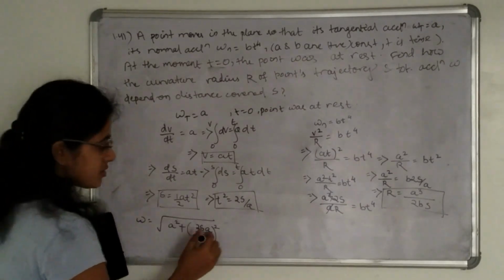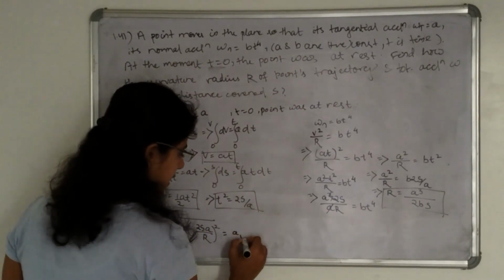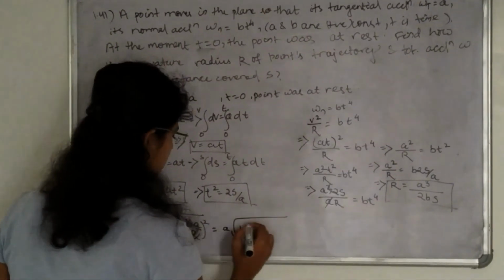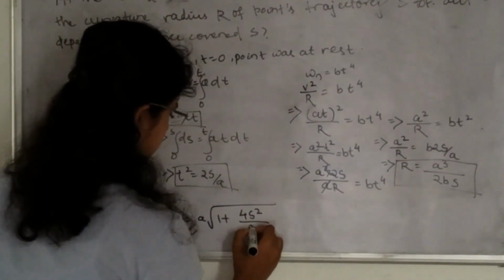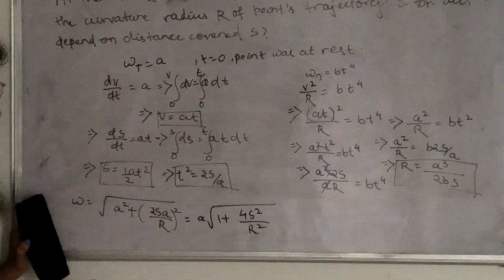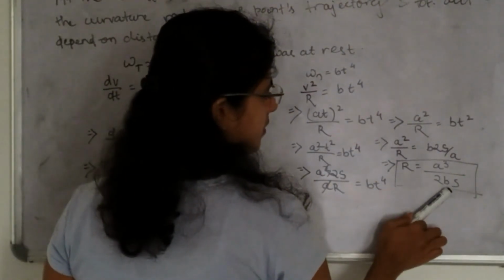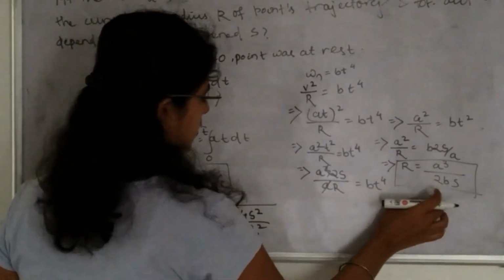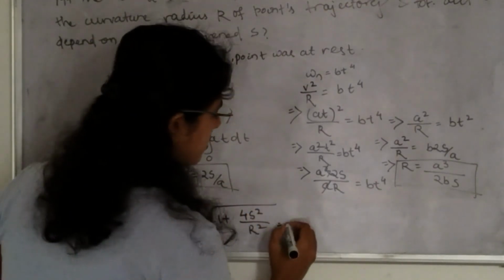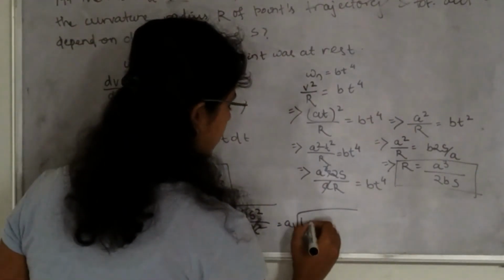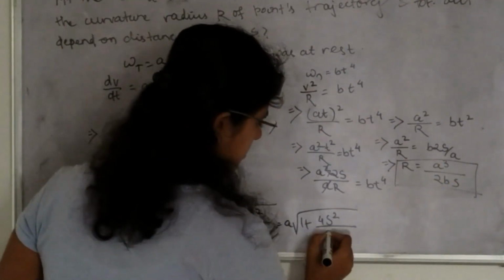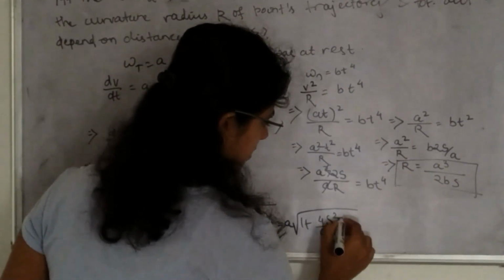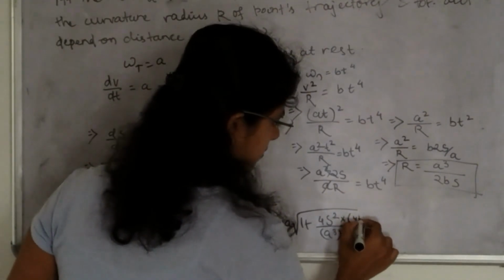So this will be how much? If I take a outside, then this will be 1 plus 4s square divided by r square. R we have got a cube divided by 2bs. Put this value of r in this position so that we can get 1 plus 4s square into square of (a cube) whole square over 4b square.